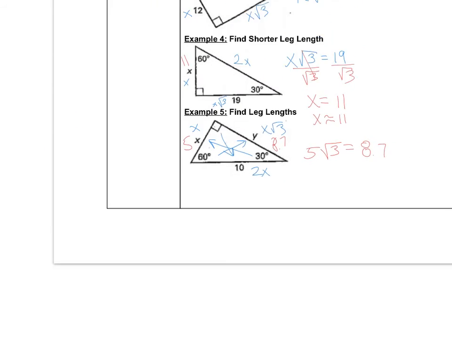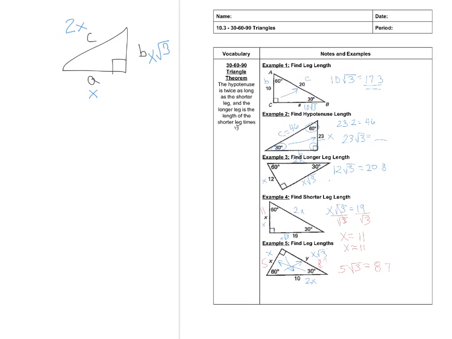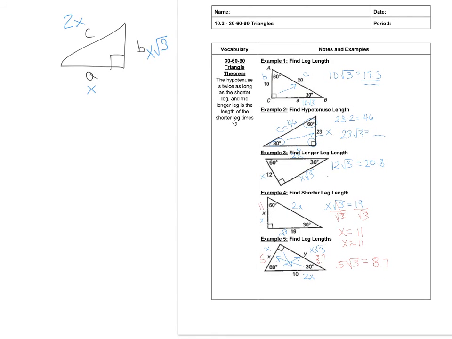So kind of in summary, looking at all of this, I think the biggest thing to remember, guys, is which sides are these? The shortest side is always going to be opposite the 30. The 60-degree angle is going to be opposite the x radical 3, like this. And then the hypotenuse is always opposite the 90. Okay?